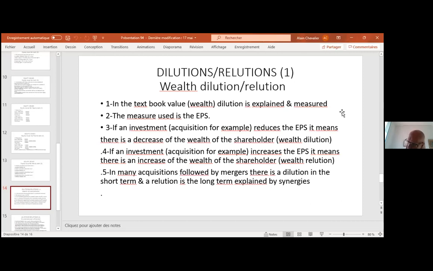And very often in analysis, particularly in acquisitions and consequences of acquisition, it is measured by the earnings per share. So the earnings per share is supposed to give a good measure because in the short term, the price earnings ratio is supposed to be stable. But when you multiply the earnings per share by the price earnings ratio, you get the price of a share. So if you increase or decrease the earnings per share, you have an immediate impact on the value of a share and the market value of a company.